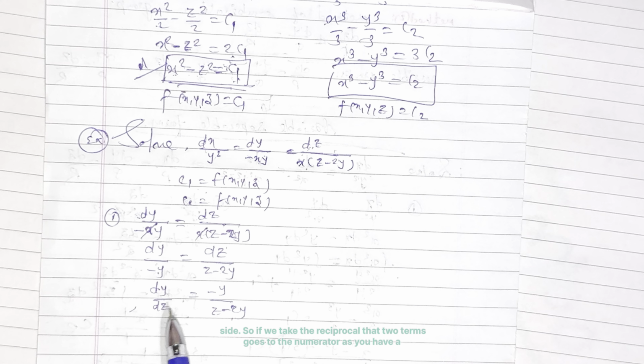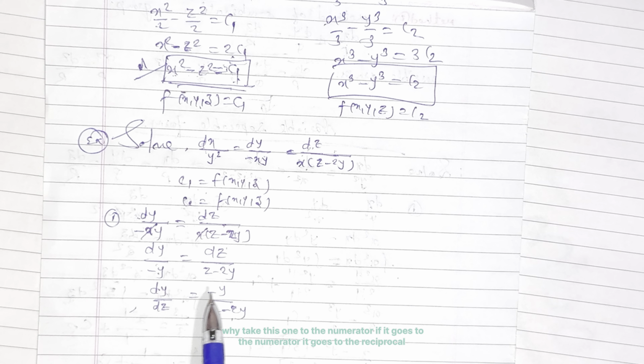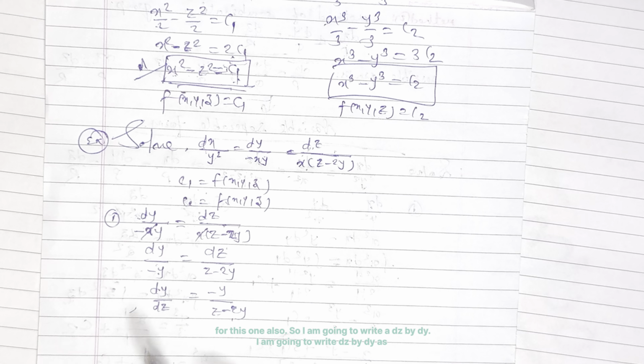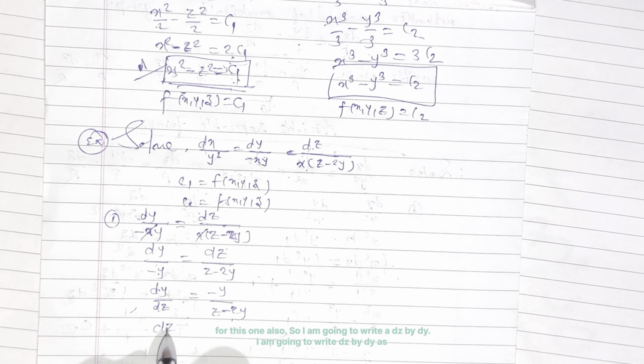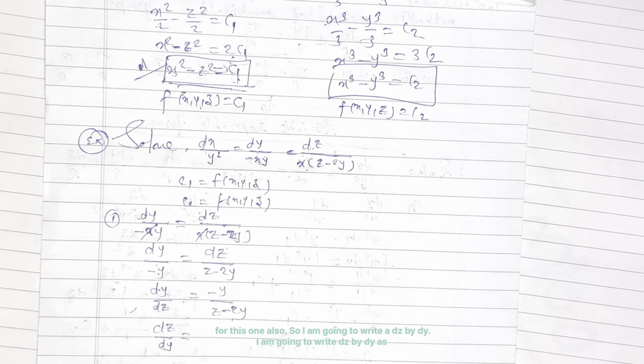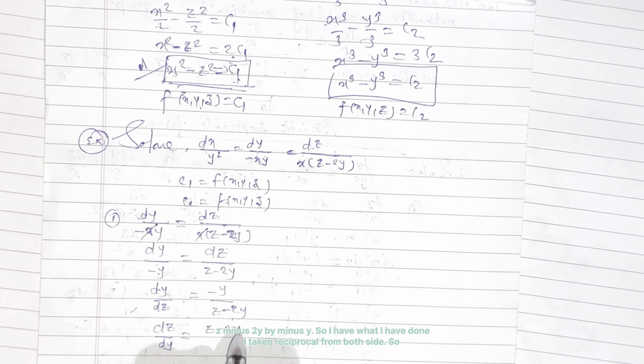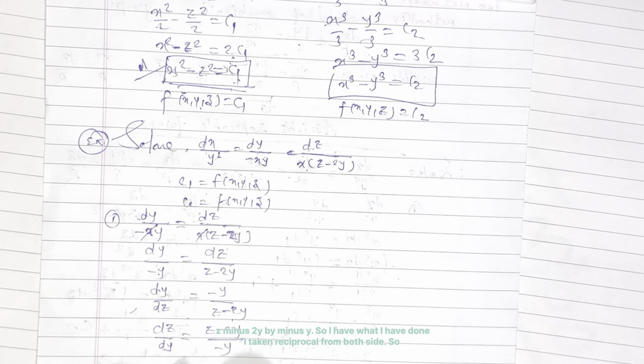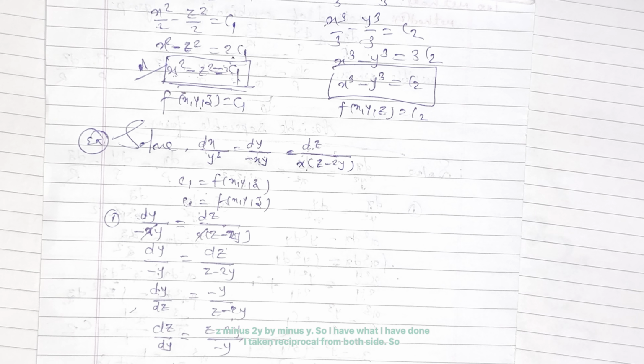If we take the reciprocal, the two terms go to the numerator, as the numerator is smaller and the denominator is bigger in terms. So I'm going to write dz by dy as z minus 2y by minus y. What I have done is taken the reciprocal from both sides.